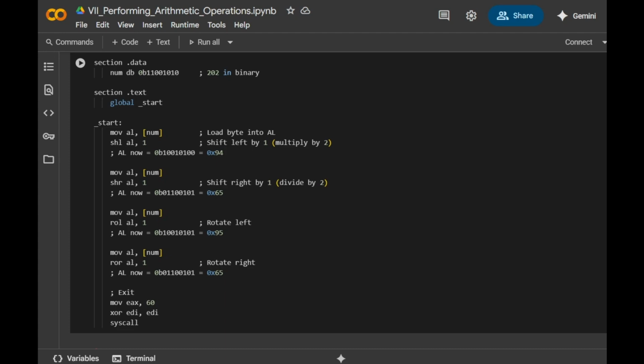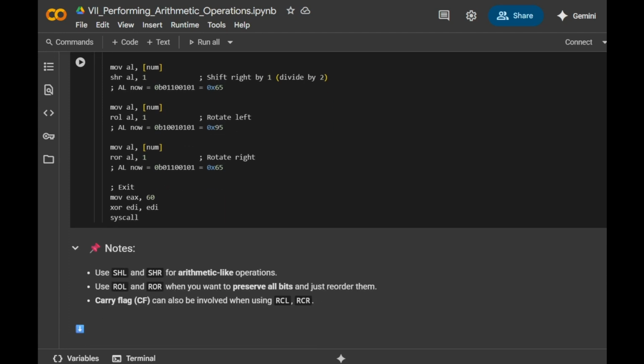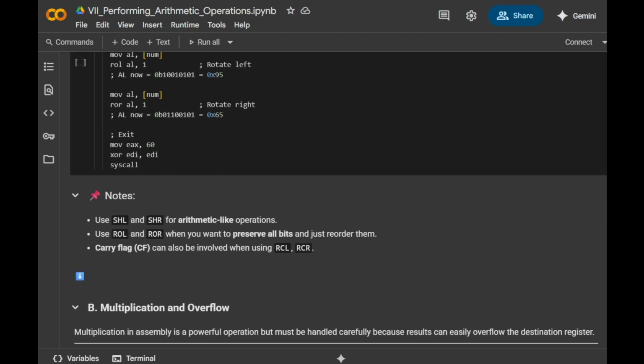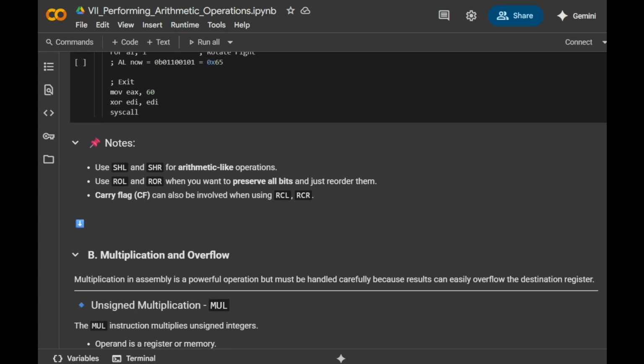Now, if we use ROL AL, 1, we rotate the bits to the left. The most significant bit, which was a 1, wraps around to become the new least significant bit, resulting in the value 10010101. The ROR instruction does the opposite. In short, use SHL and SHR for fast arithmetic, and use ROL and ROR when you want to preserve all the bits and just reorder them.